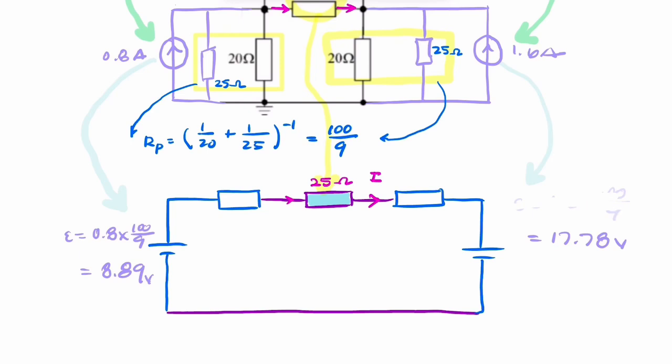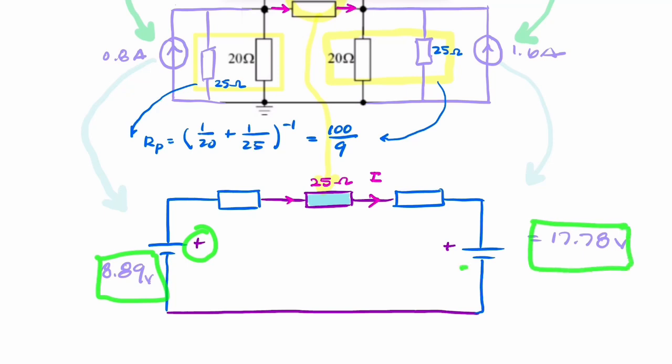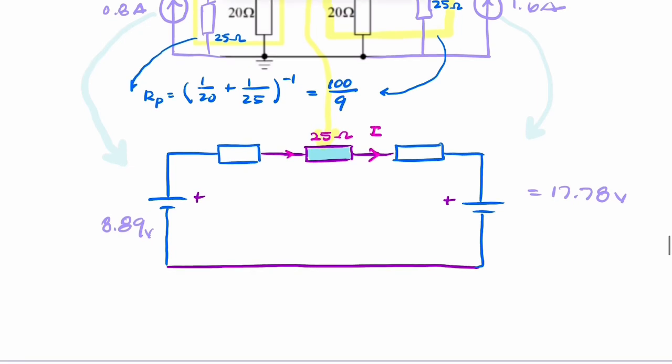So if we tidy up a little, we now have two voltage sources, one that would drive current this way and the other that would drive current this way. So when adding these two, this would be positive and this would be negative because they're in opposite direction. If you were to do a Kirchhoff's voltage law, it would be apparent.